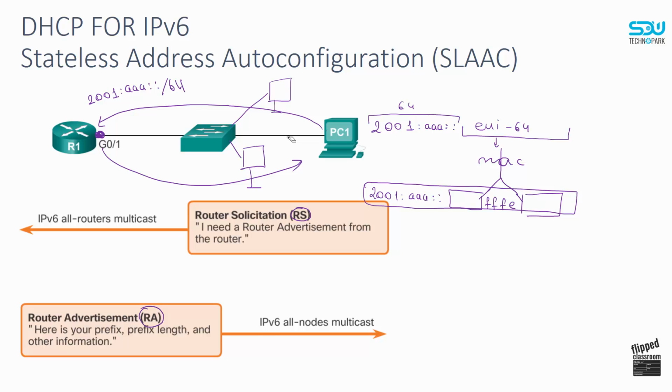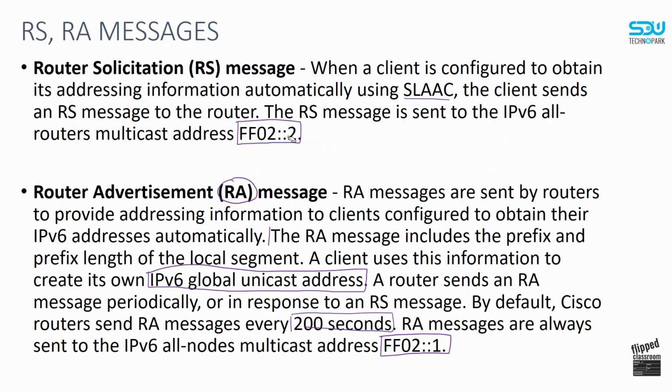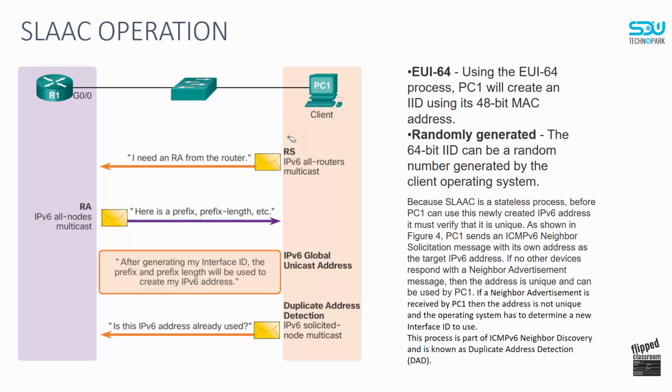Why? Because as you know, MAC addresses by default are unique, and it means that approximately our generated IP addresses will be unique too. Alright, and here is our SLAAC operation.